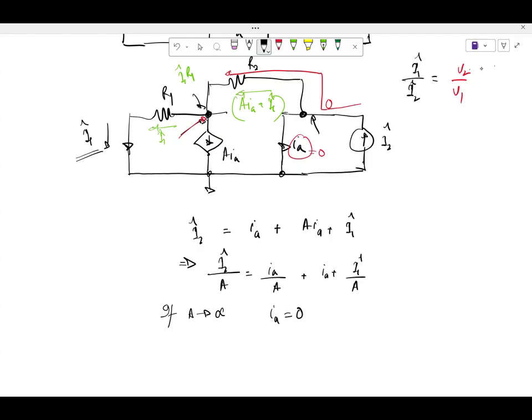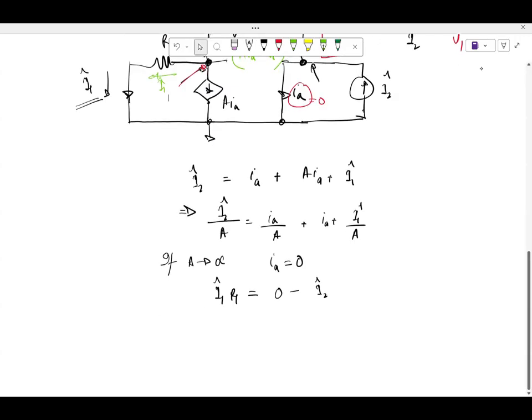So which essentially means that I1 hat R1 is equal to 0 minus I2 hat times R2, right? Which means that I1 hat by I2 hat is equal to minus R2 by R1. Correct?